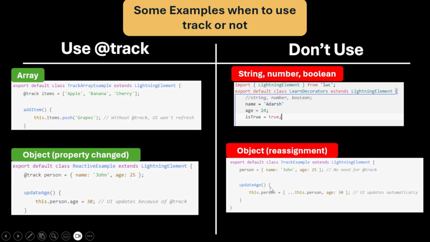Whenever this method is getting called, we are reassigning this person to this value, the complete person we are reassigning. So track is not required. Even for the case of array, if we are directly reassigning the complete array, we don't need to write the track property because that is by default reactive. So I hope this is clear now.